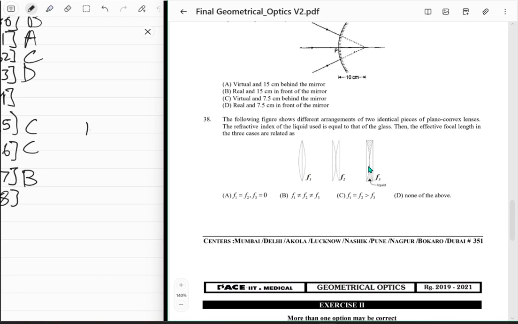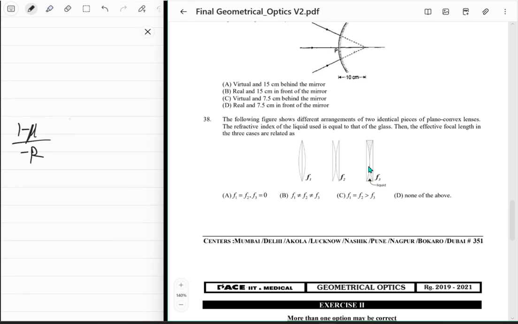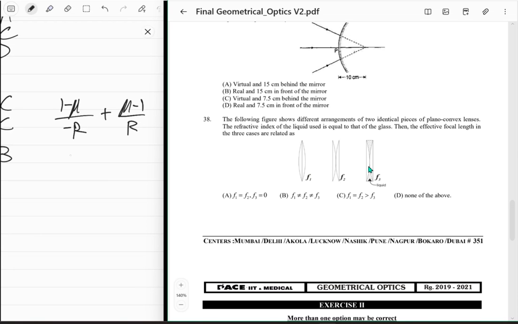So it's 1 minus mu, and that times, sorry, that upon this surface's radius, which is negative r, and then you got plus mu minus 1 upon positive r. So it's 2 times mu minus 1 upon r, and then the last surface has 0 as its power.